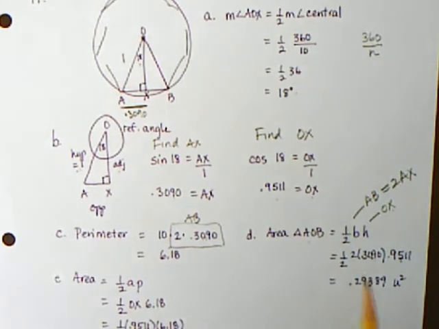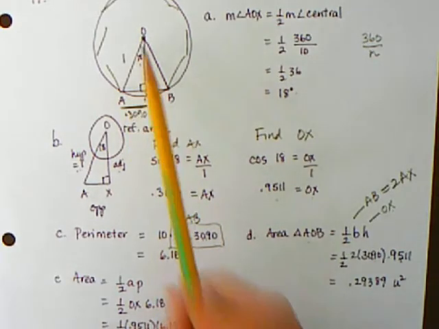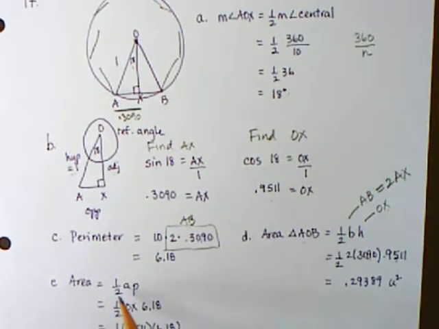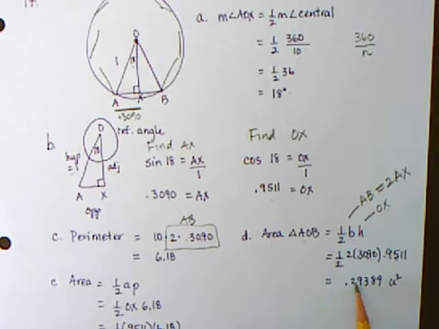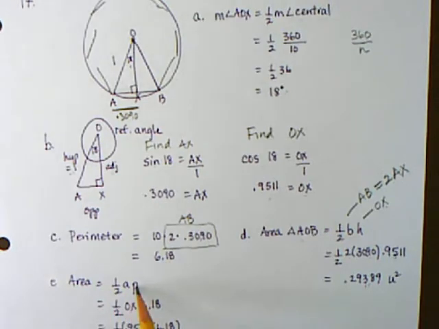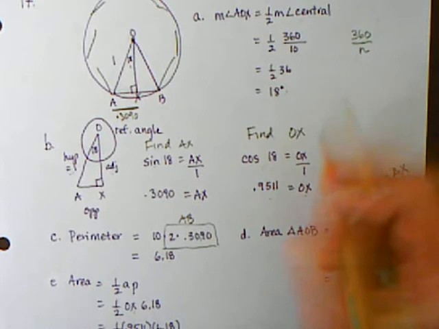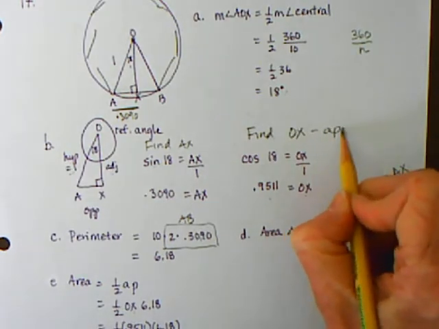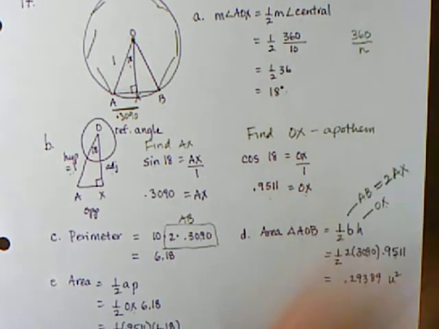Now, that's one way to find the area of this little guy. Then they want the area of the big guy. So I could just multiply 10 of these and get the area of the big polygon, or I could use my formula, 1/2 apothem times the perimeter. The apothem, remember, is OX. This is the apothem. And the perimeter we figured is 6.18.